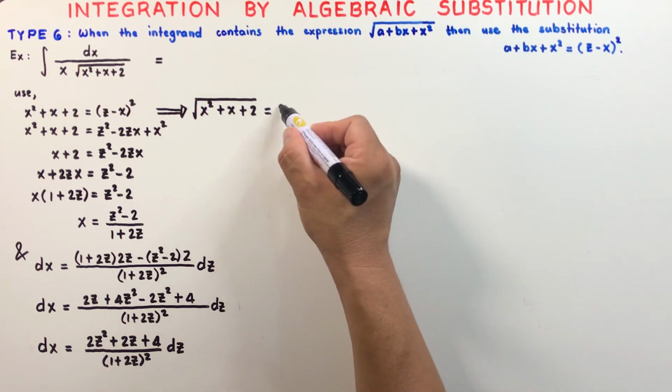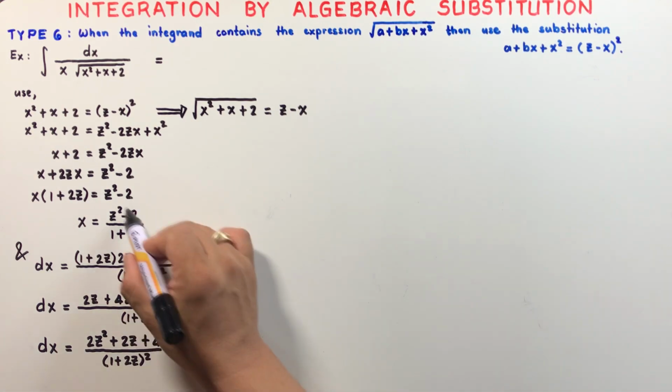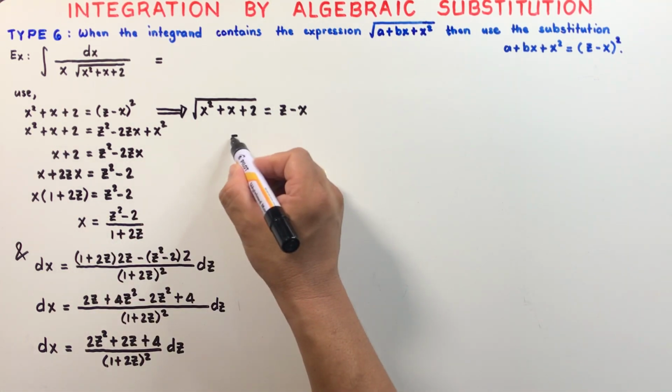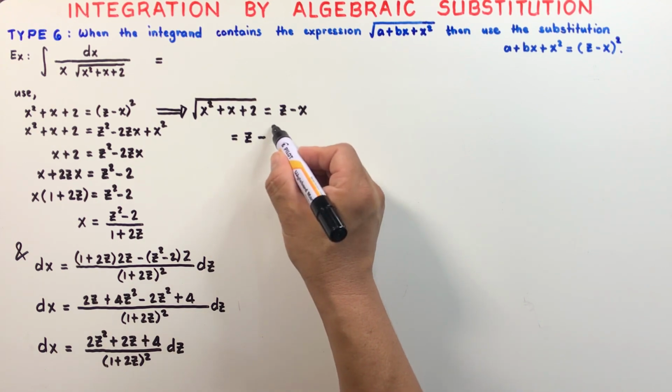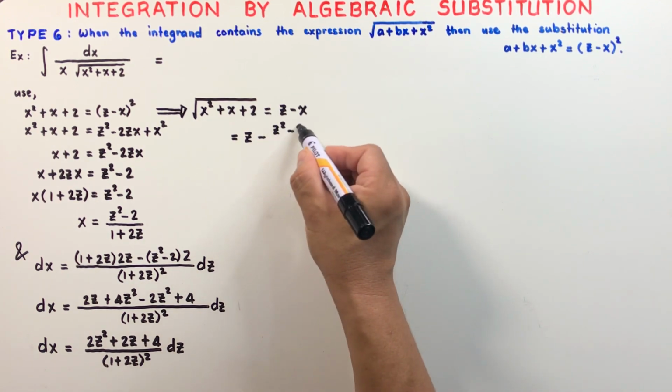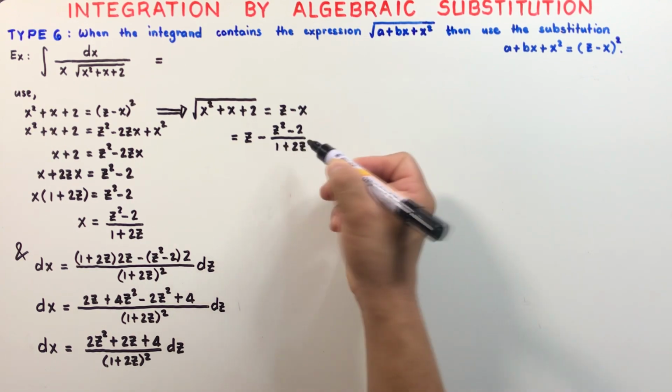So at the right, we have only z minus x. But we have our x here. So this is equal to z minus our x, which is z squared minus 2 over 1 plus 2z.